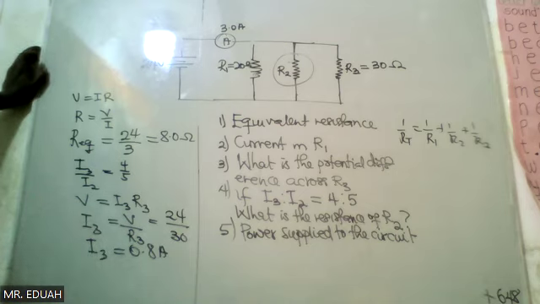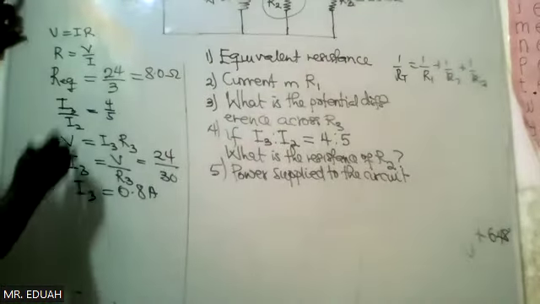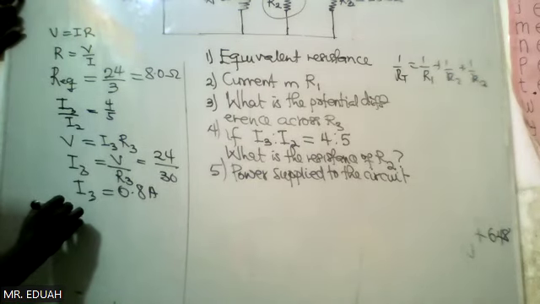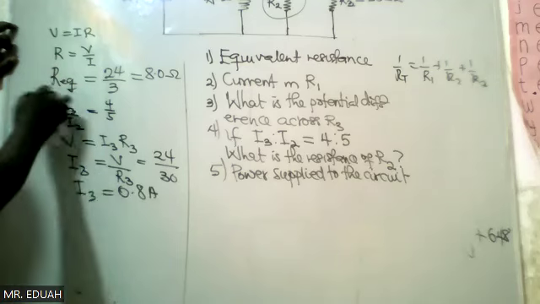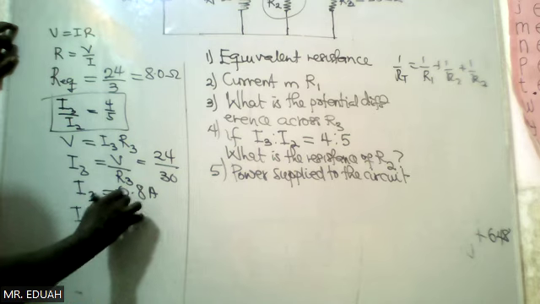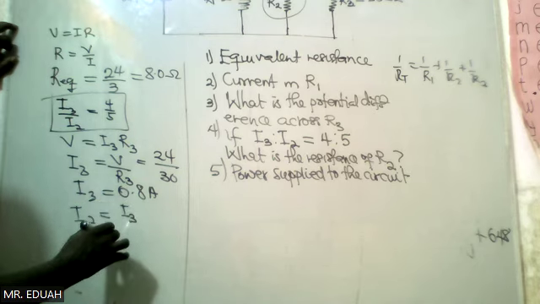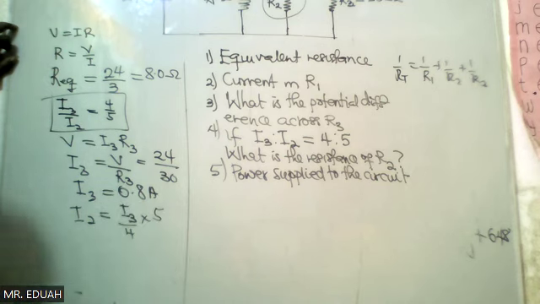Then you can use that to find I2. So please let's follow what she's saying. Using this ratio, I2 must be equal to I3 times 5 over 4.